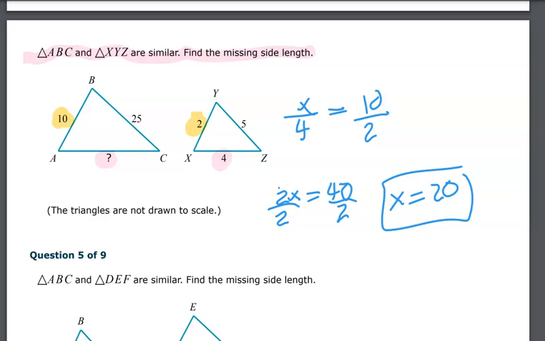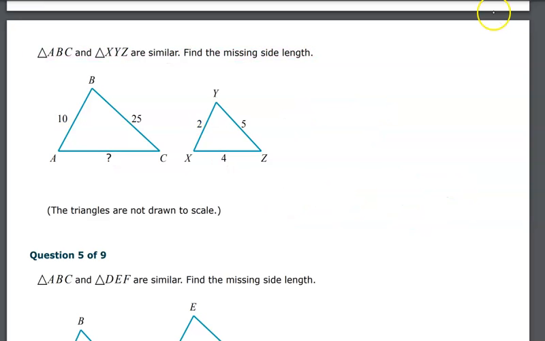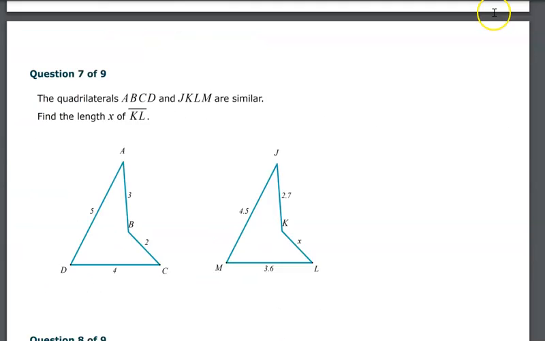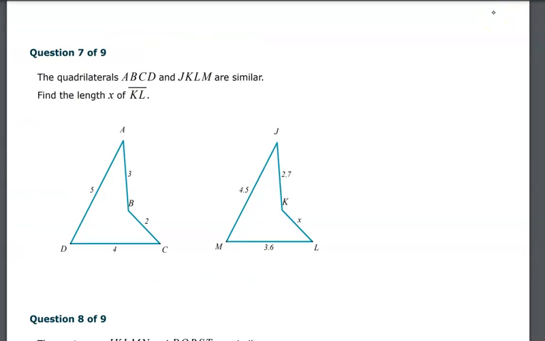Let me go ahead and show you. Let's go to question number 7, and this is the last problem we'll do today. Question number 7 states the quadrilaterals ABCD and JKLM are similar. Find the length x of KL.